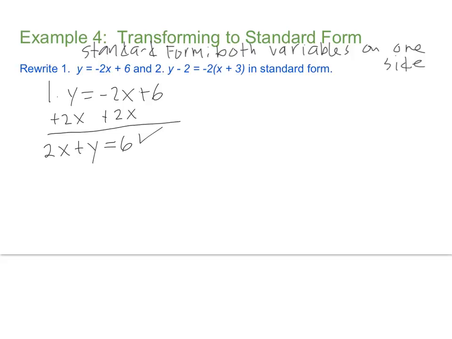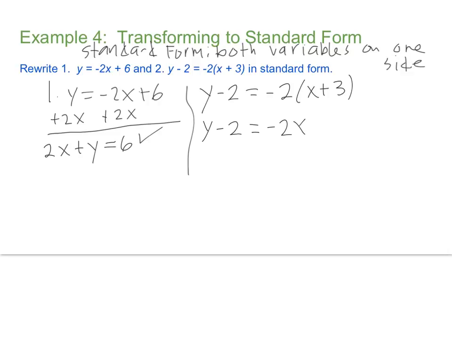Let's try the second equation. The second equation is in, you guessed it, point-slope form. So we're going to take this equation in point-slope form and put both variables on one side of the equation. The first thing I'll do is I'll distribute the -2 to both sides of the equation.